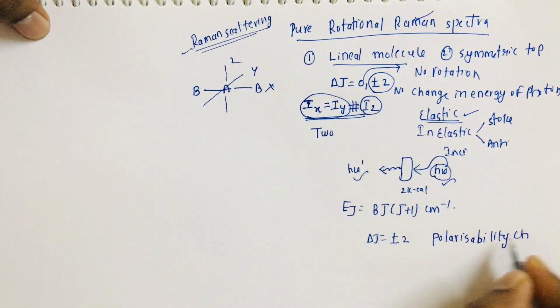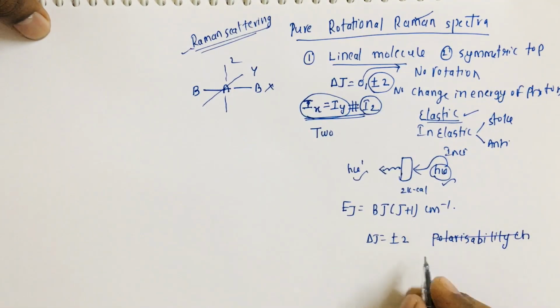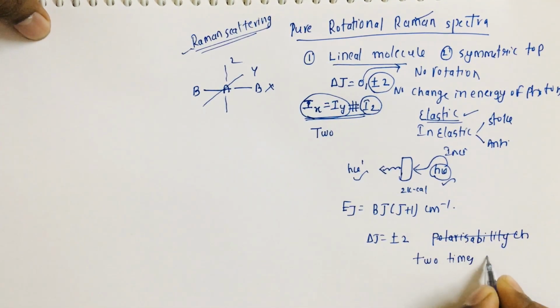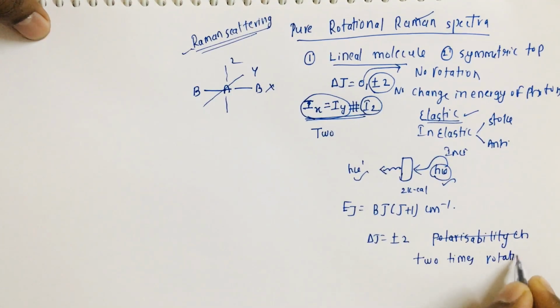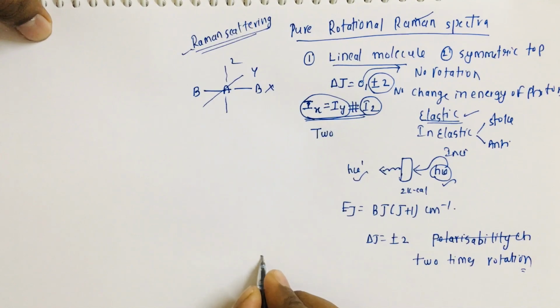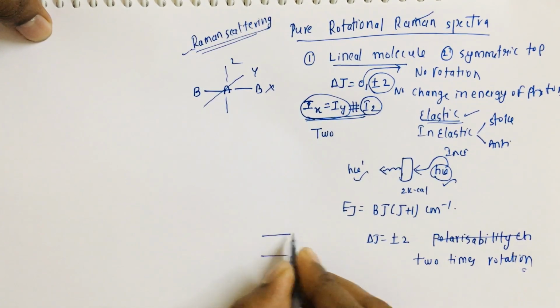We can say that 2 times rotations are happening here. So it's going from 0 to 2, right?